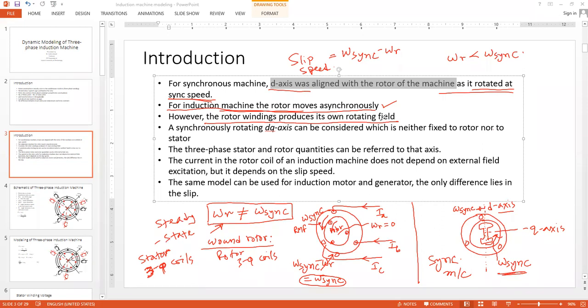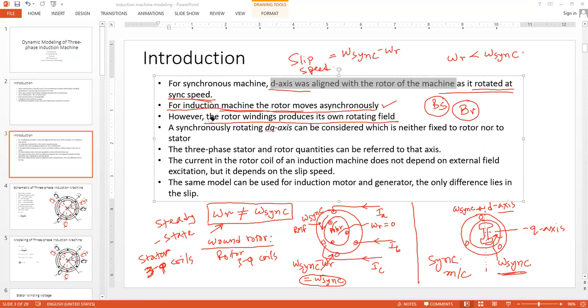So you have a stator magnetic flux density, BS, and a rotor magnetic flux density, BR. The induced torque could also be expressed as a function of the interaction between BS and BR. That is another way to express the torque generated on the rotor body of the induction machine.